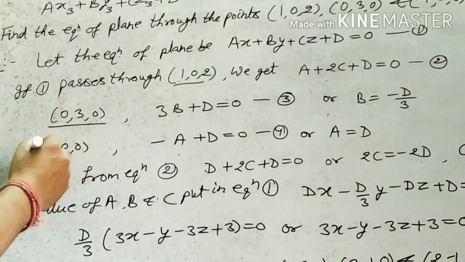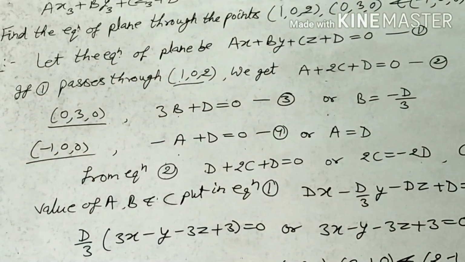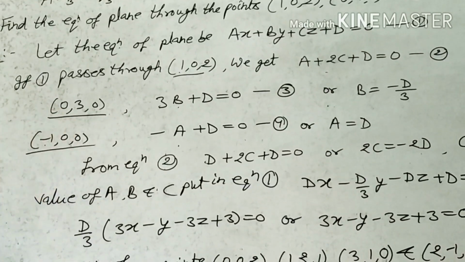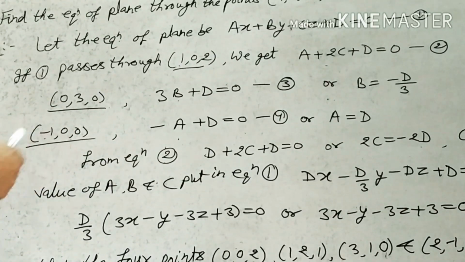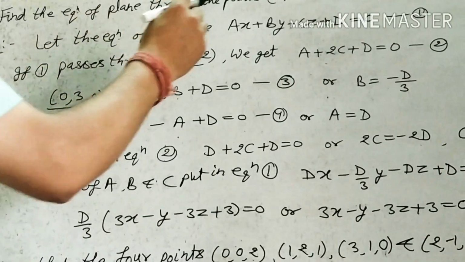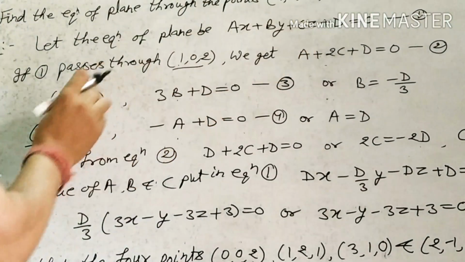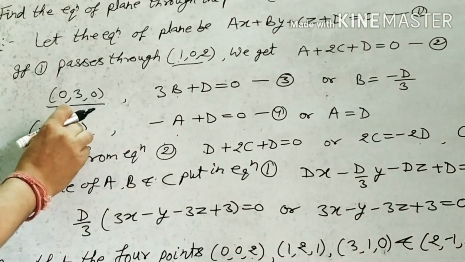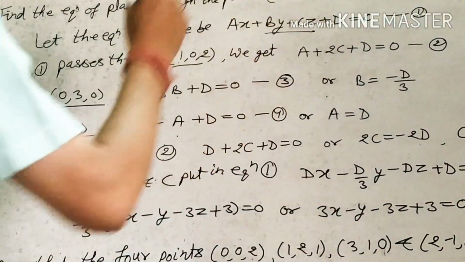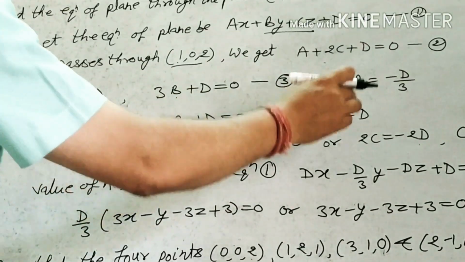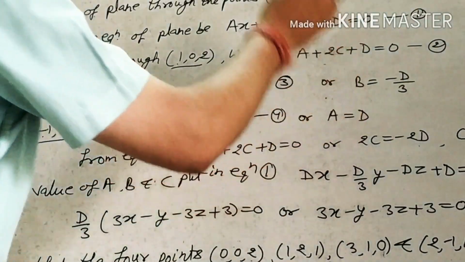When it passes through another point, minus 1, 0, 0, this time x equal to minus 1, y equal to 0, z equal to 0. Then the terms with b and c will be 0 because the values of y and z are both 0. That's why you will get minus a plus d equal to 0, or you can say a equal to d.